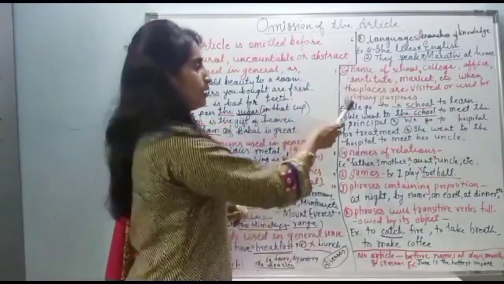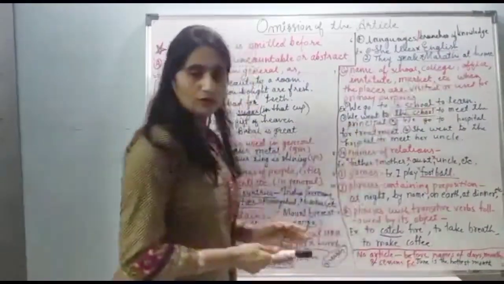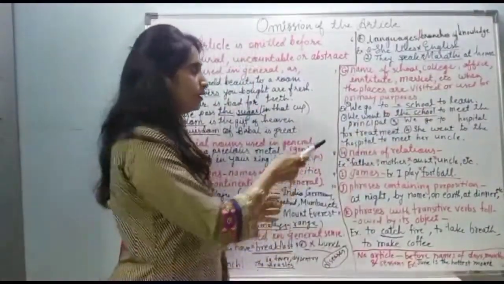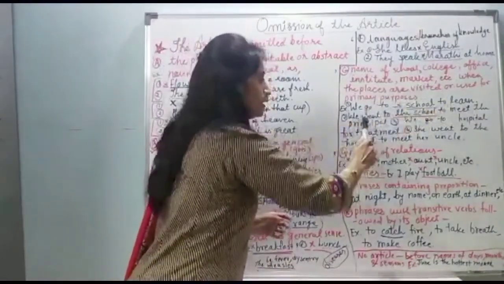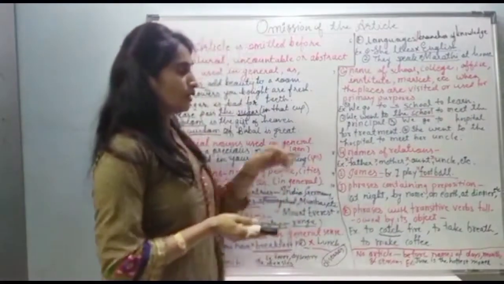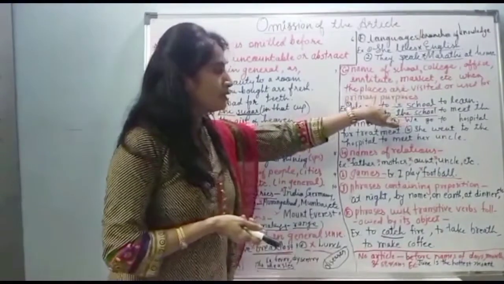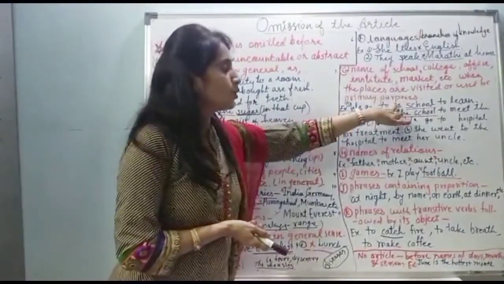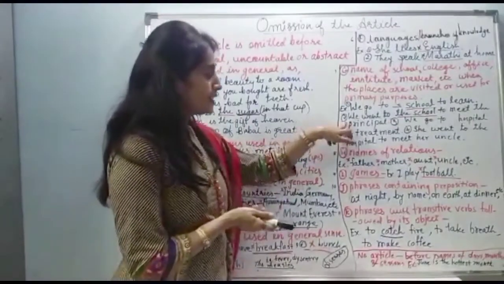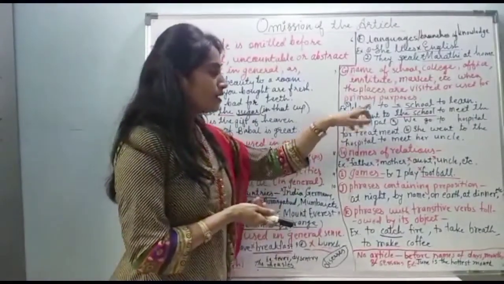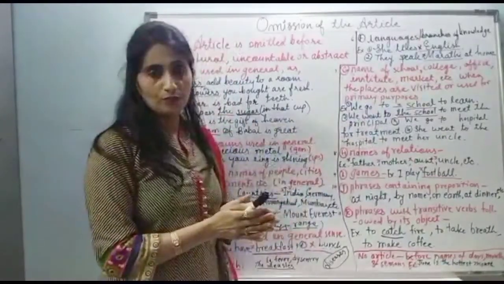Fine then, see here. The examples are given. We go to school to learn. Okay. Then the second sentence is we went to the school to meet the principal. Okay. Here the reason is given. This is the primary purpose and so there is omission of the article. Here in the second sentence we are told about the reason to go to the school.